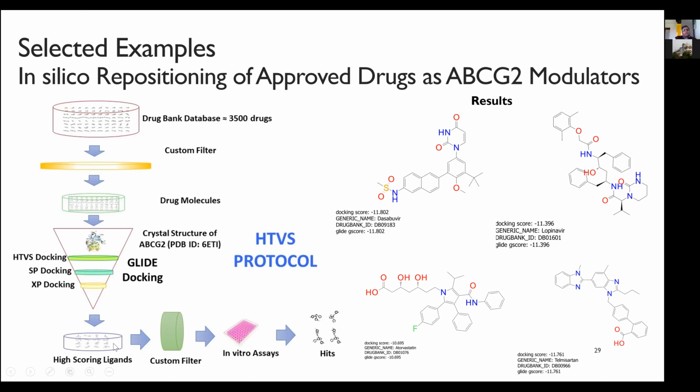We found some high scoring ligands, and we did some in vitro assays. We identified 4 different ligands. Basically, these are antiviral drugs, and one is atorvastatin, and another is telmisartan. These are sartans. All these were identified to be active against ABCG2.